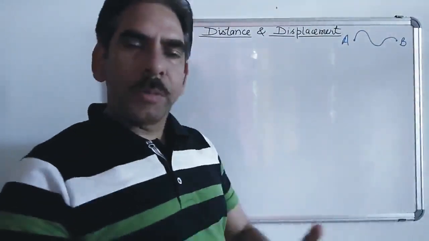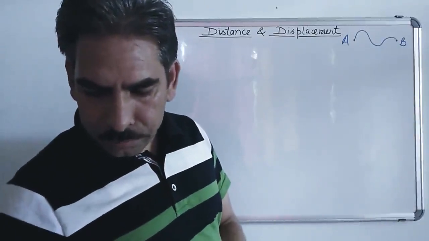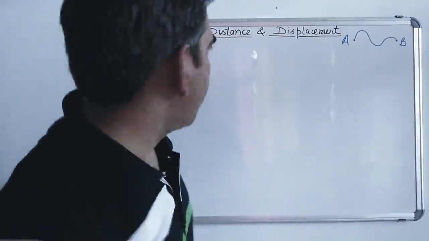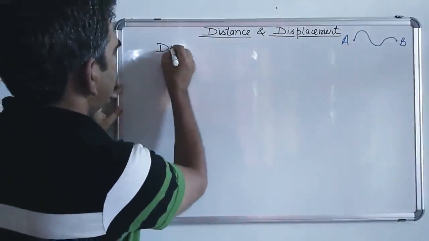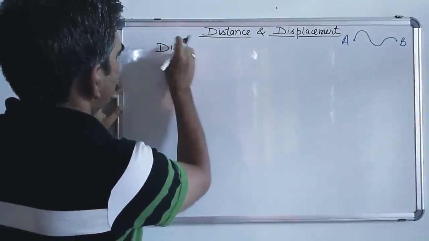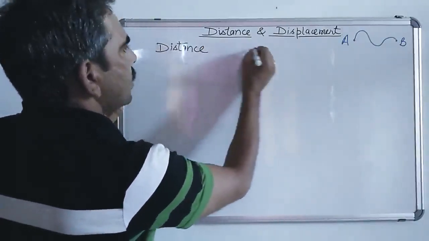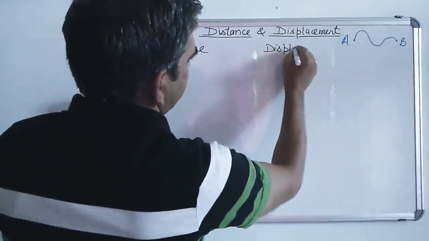It may be straight or it may be a curved path. To differentiate between distance and displacement, I am drawing a table of two columns: distance and displacement.